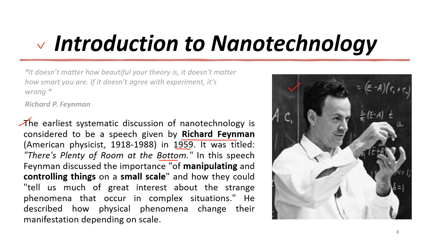He described a vision of using machines to construct smaller machines, down to the molecular level. His hypotheses have been proven correct, and for this reason he is considered the father of modern nanotechnology.